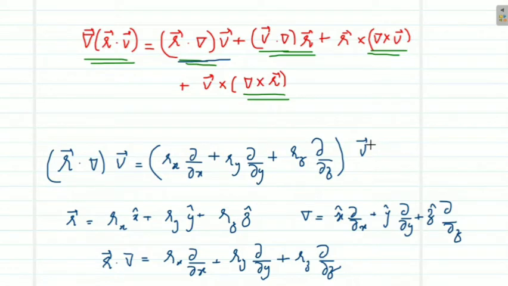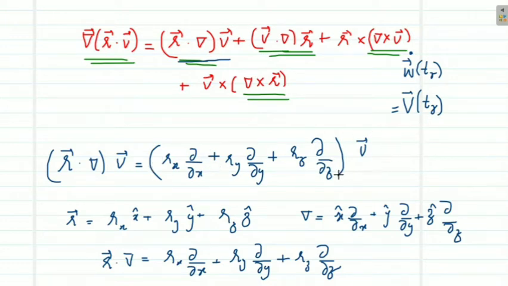So we need to take dou v bar by dou x, dou v bar by dou y and dou v bar by dou z to find this expression. And we know the velocity is actually a function of the retarded time tr. Since w bar, the position vector, is a function of tr, the time derivative of the position vector, w bar dot, which is the velocity, will also be a function of tr.